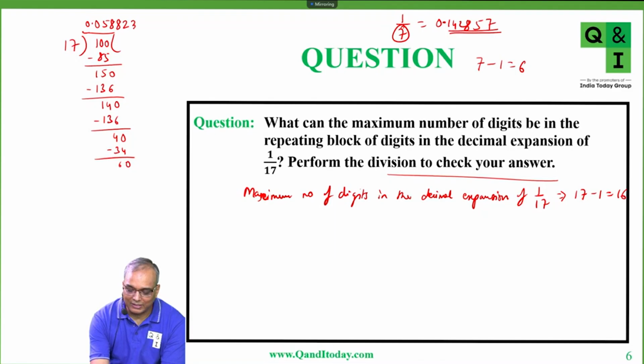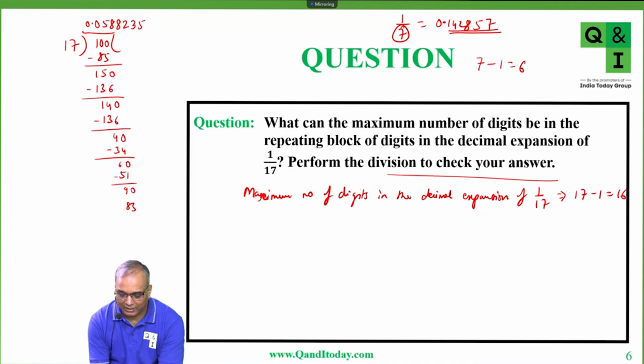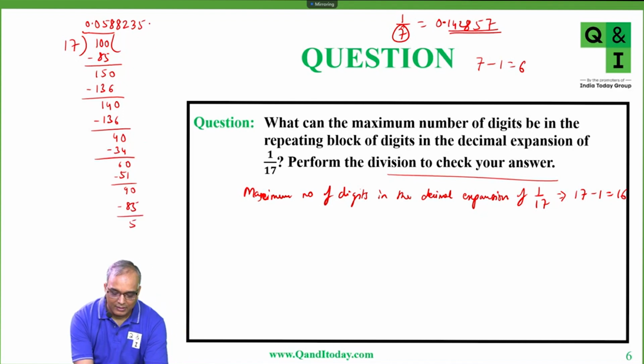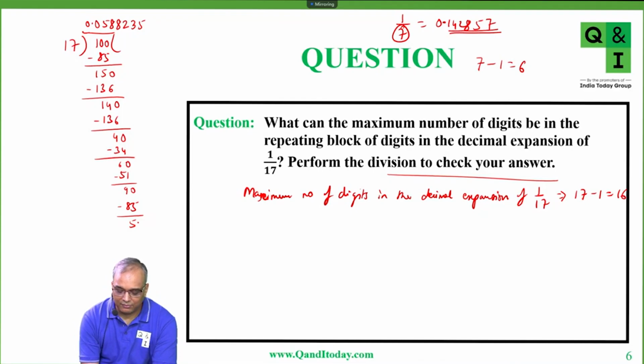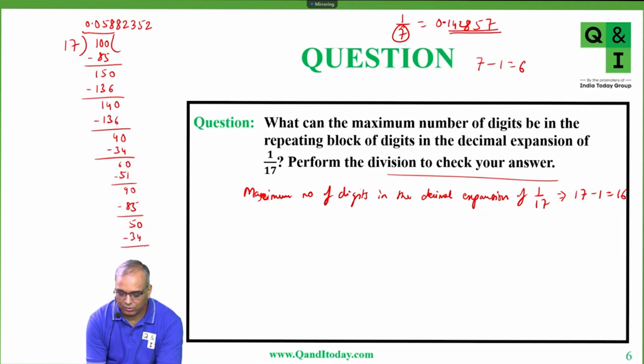So 17 times 3 is 51. We have 9. 17 times 5 is 85. We have 5. And then we have 50. So 17 times 2 is 34.